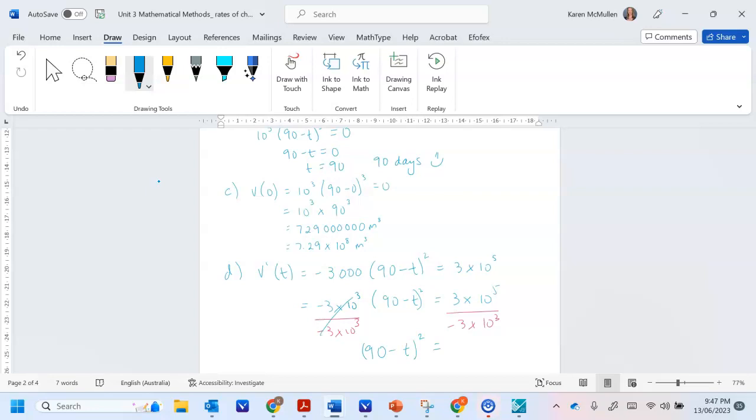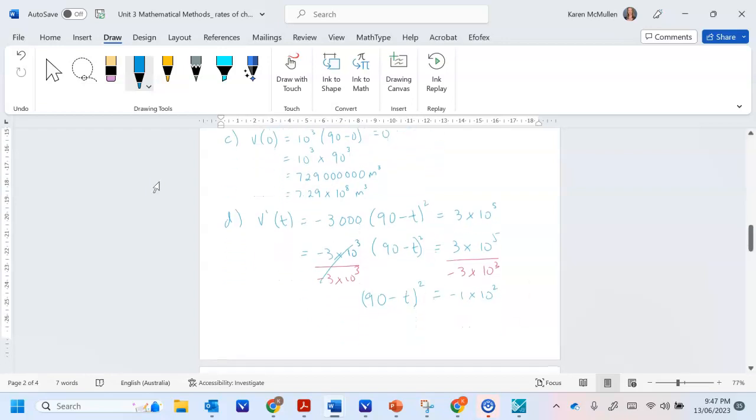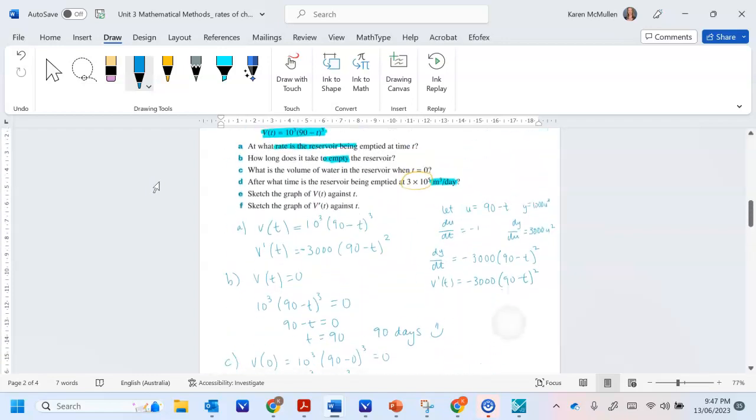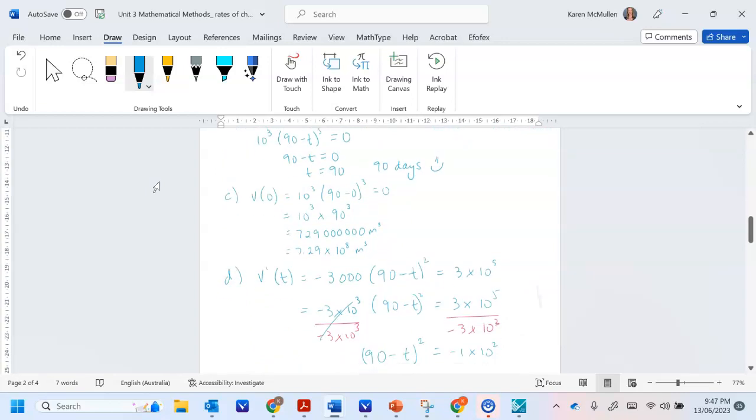All right, so 3 over -3 is -1 times 10 to the power of 2, which is just -100. Oh, I don't want a negative there. Where have I gone wrong? Is it saying decreasing? It's being emptied. There we go.